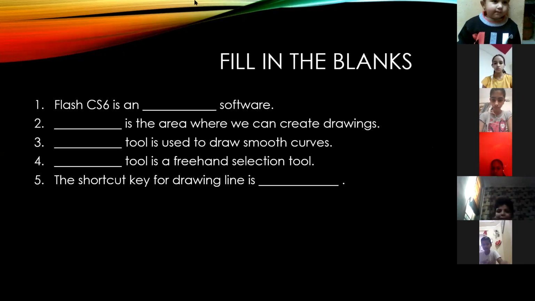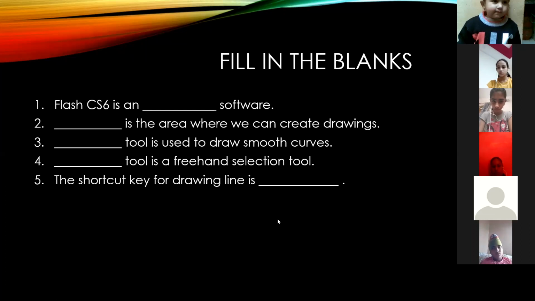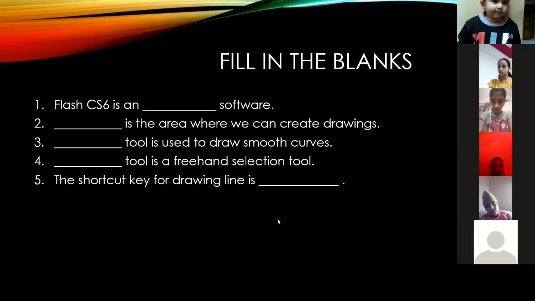Coming upon to the next exercise of your chapter, fill in the blanks. Flash CS6 is an dash software. Jasmine, unmute yourself and answer the first blank. Yes, ma'am. Flash CS6 is an dash software. Which software is it?